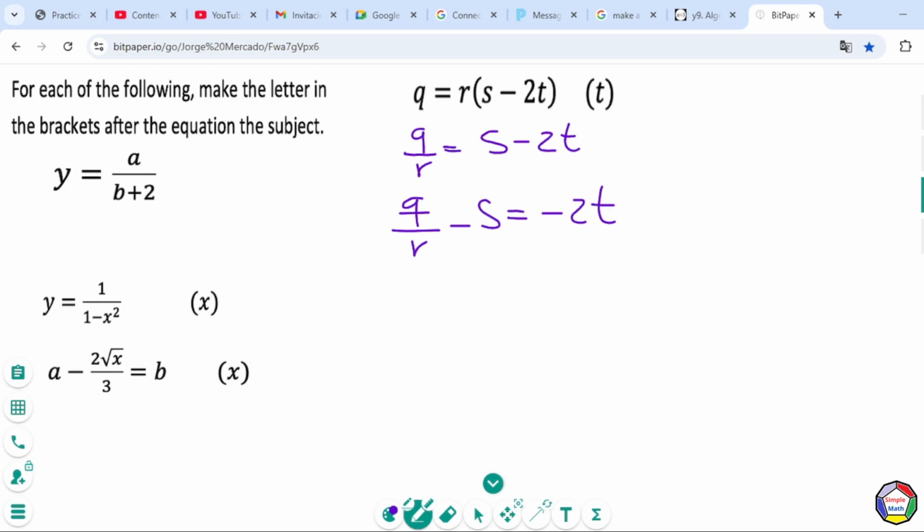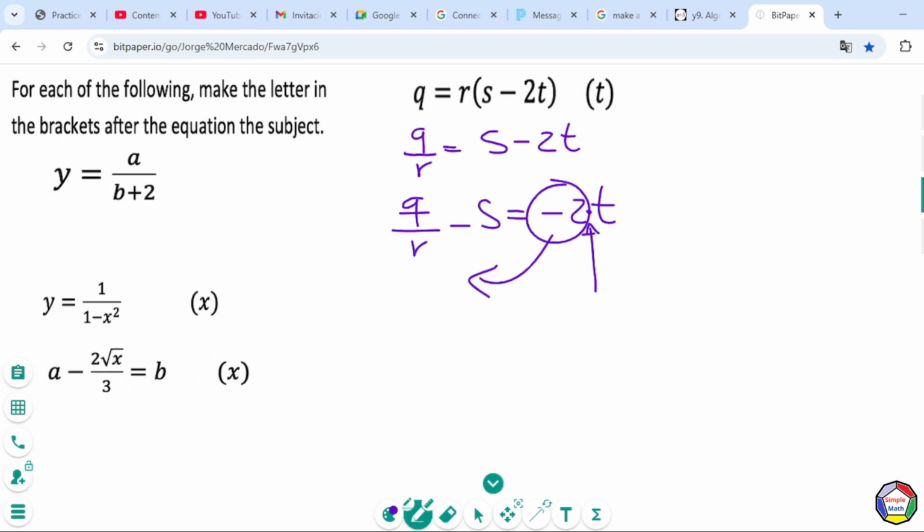Now, to isolate the t, you see that minus 2 is multiplying the letter t. So I will take the minus 2 and move it to the other side. How? With the inverse operation of multiplication, which is division. Not the subtraction; the multiplication is the main operation there, the most important thing.